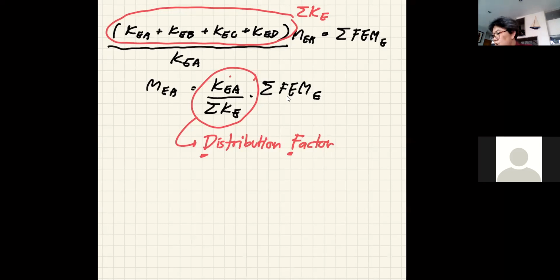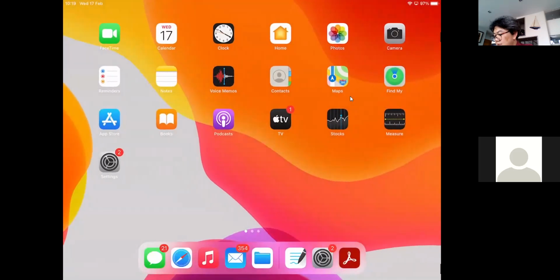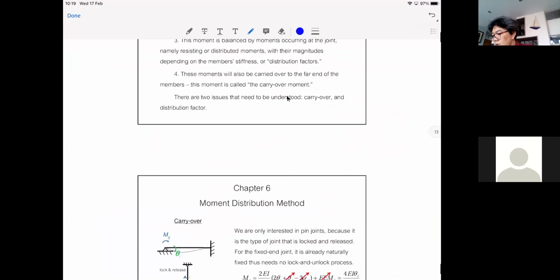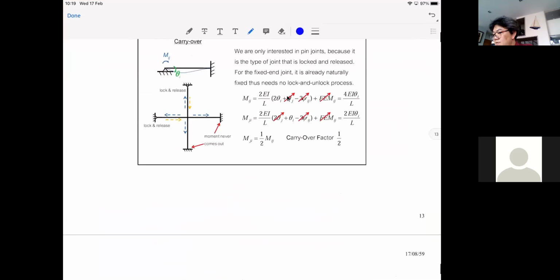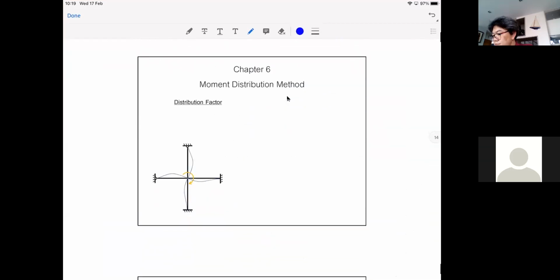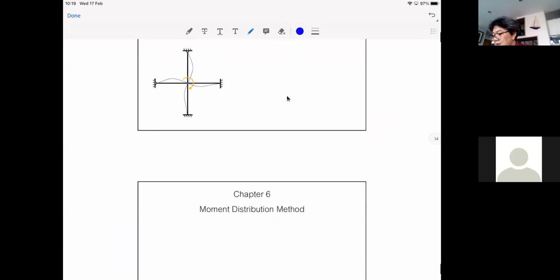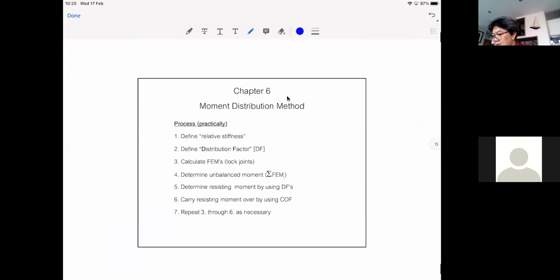So that's it for the concept of the moment distribution. So before we take a break, let's look at this a little bit. Carryover factor is always a half, and this is blank, but you have that in there.